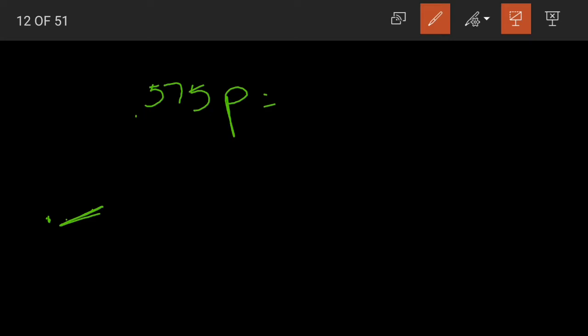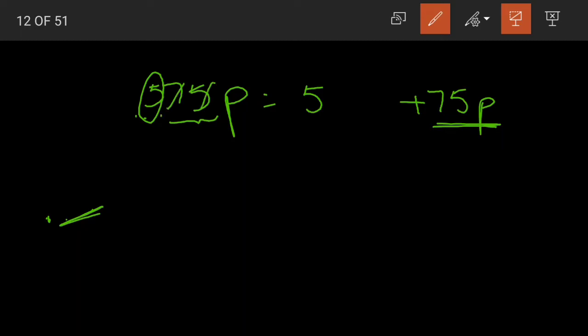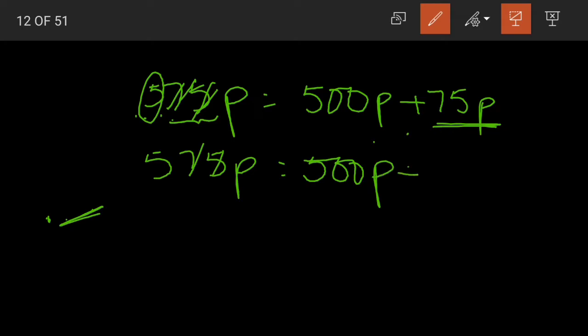Yes, children, so from the given paise write the last 2 digits, 75 paise, separately, and we are having 5 in the hundreds place, right? After 5, instead of these 2 digits, write two zeros. Understood? We had 575 paise. Now instead of these last two digits, write zeros, and the last two digits 75 paise is written separately. Now we are having 500 paise and 75 paise with us.